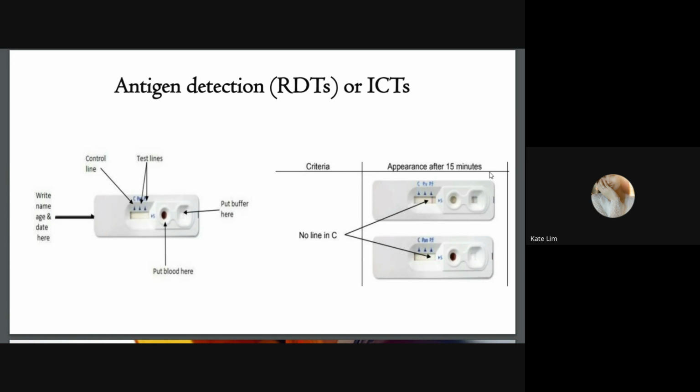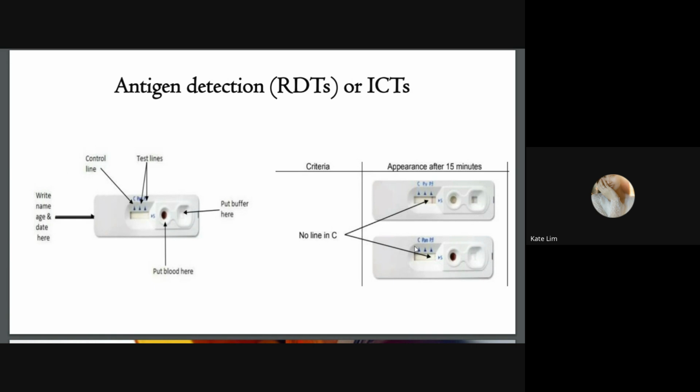So this is where it gets interesting. Once the prescribed reaction time is up, you'll see lines appear on the test. Let's break this down. What we have here is the control line, C. This C here is the control. This means that the test is valid and working.